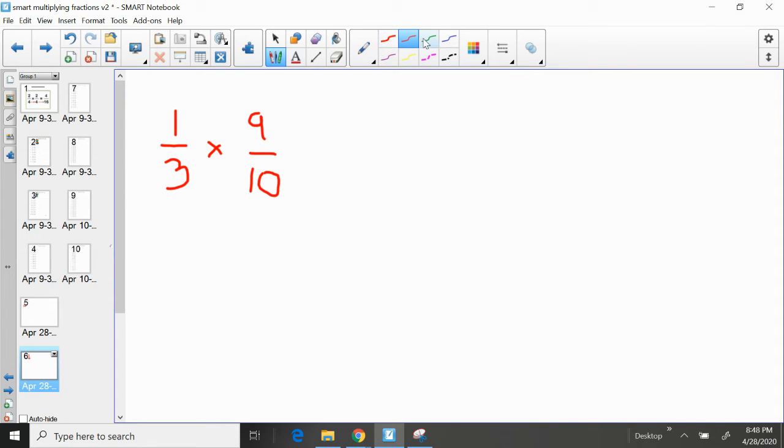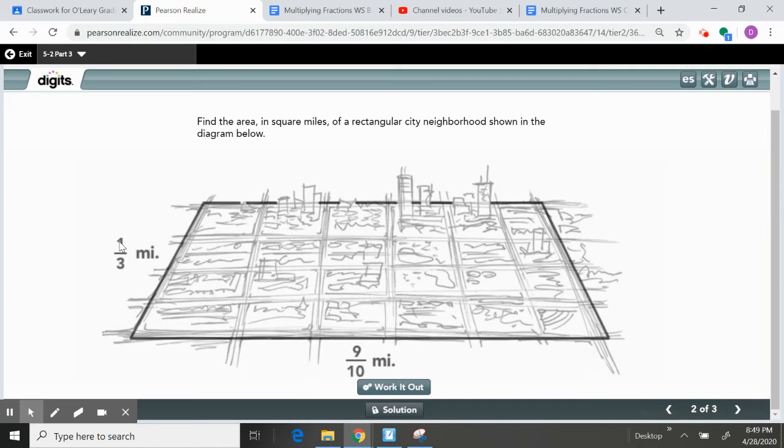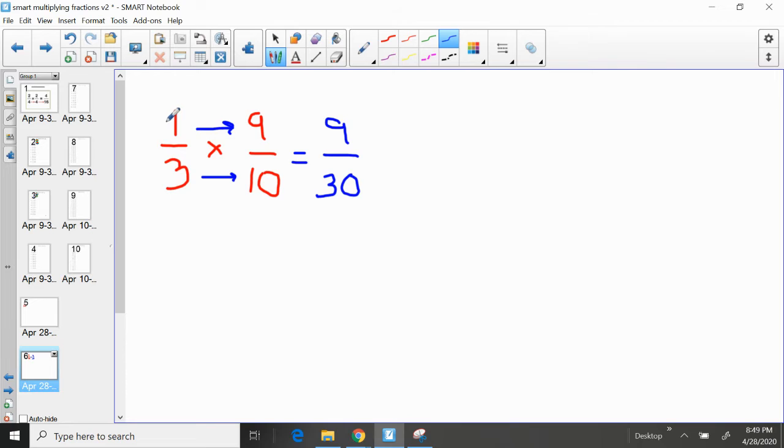Okay, so we multiply across the top. 1 times 9 equals 9. 3 times 10 equals 30. Again, that came from my original problem of 1/3 times 9/10. Multiply your numerators. 1 times 9 is 9. 3 times 10 is 30.